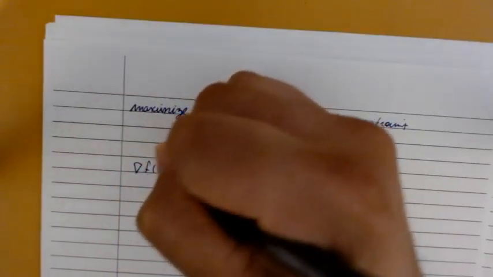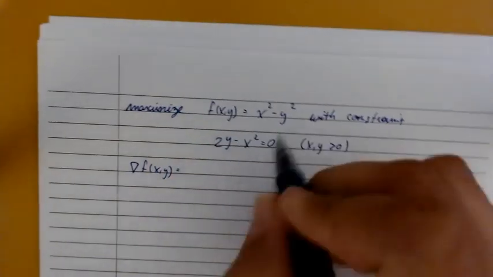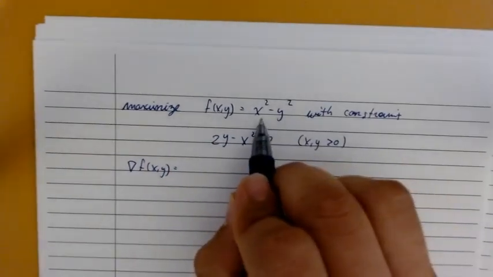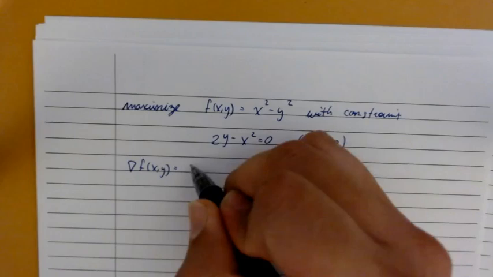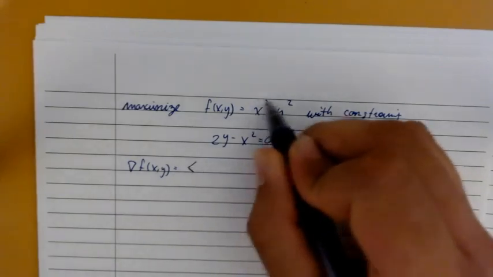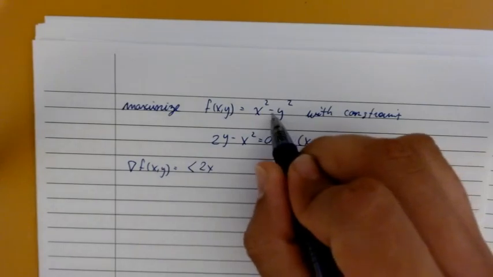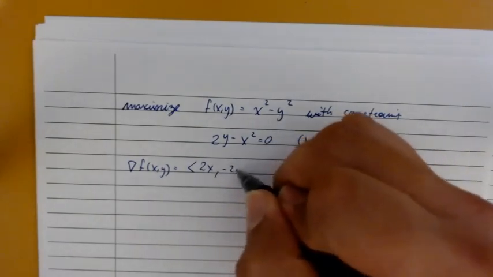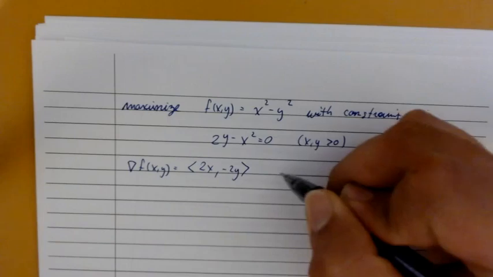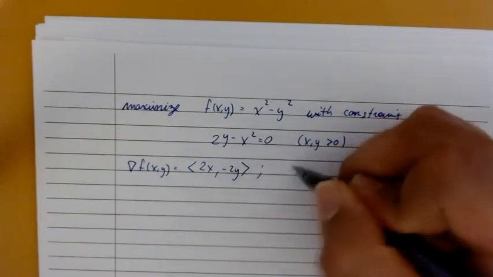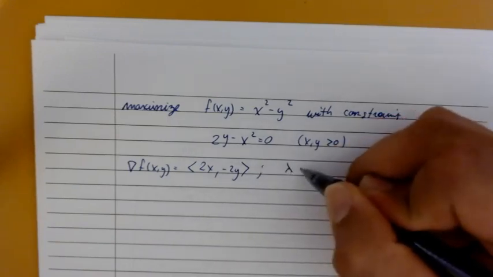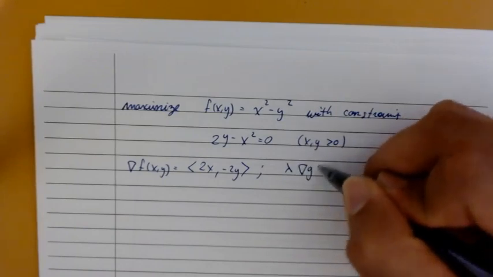All right, so let's take a look. First of all, let's find the gradient of f. The partial with respect to x is just 2x. The partial with respect to y is negative 2y. Let's go ahead and find lambda times the gradient of g.